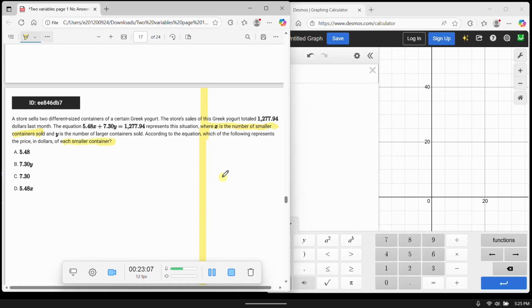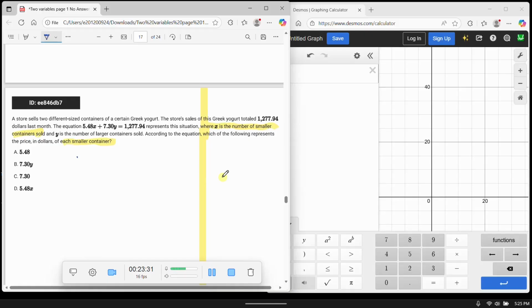So we don't have much choice here. It has to be between either E or D, because those are the only two answer choices that have 548. But they only want the price. They don't want the price times the container.